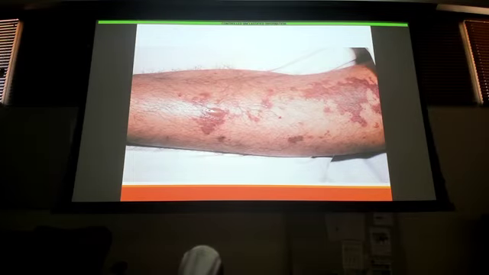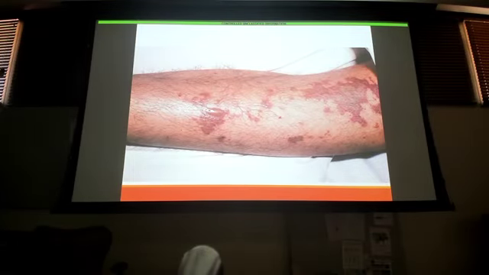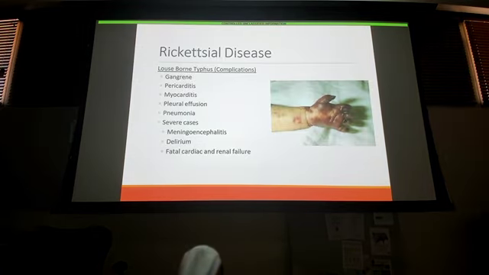Here's some purpura secondary to that endothelial damage, just blood leaking out of the capillary being caught within the skin tissue. Complications: gangrene, pericarditis, myocarditis, pleural effusions, pneumonia. You can even get meningoencephalitis, delirium, and cardiac and renal failure as well. All secondary to the endothelial damage, just cannot keep the fluid where it's supposed to be kept.